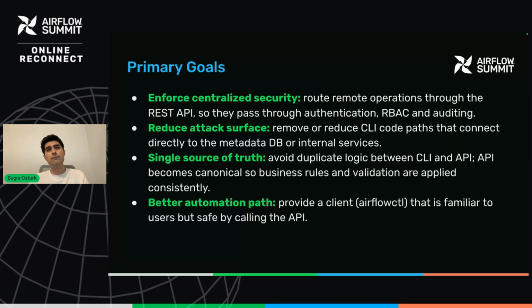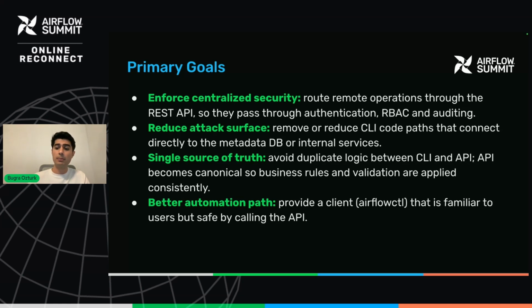So what we aimed for as primary goals: for all of the components, enforce centralized security, including the CLI, and reduce the attack surface by going over the API and removing all the direct database accesses, which we also did for the Airflow CTL for CLI usage, and a single source of truth for communicating with the database rather than going through and executing queries.